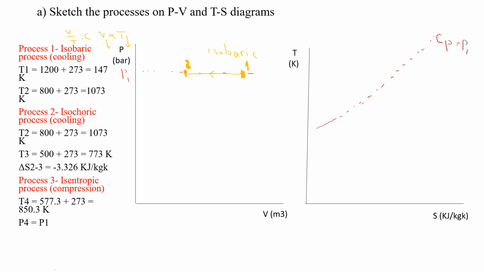So now the path of the isobaric process from state 1 to state 2. So this is the path of the process and this is the direction, because the temperature is decreasing, isobaric.